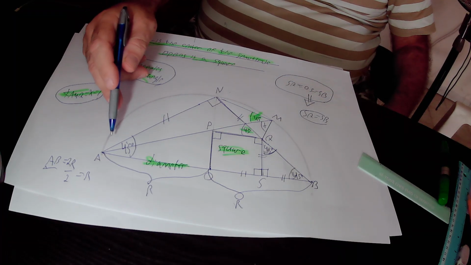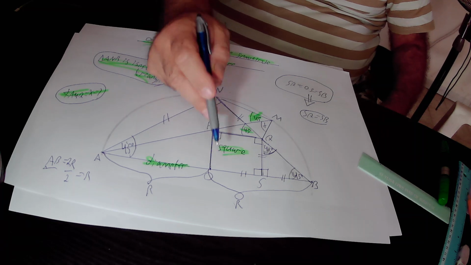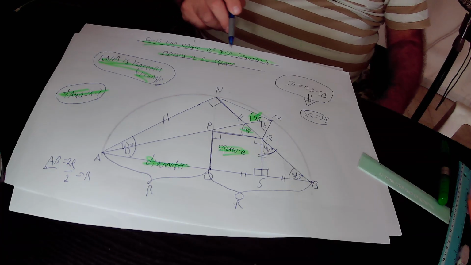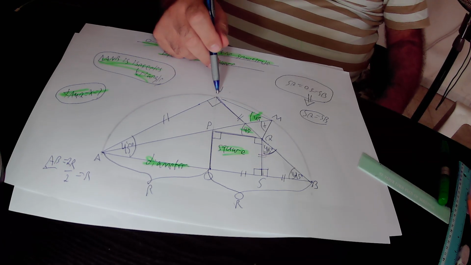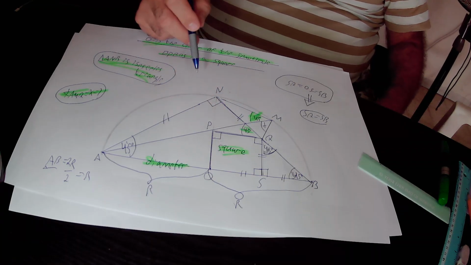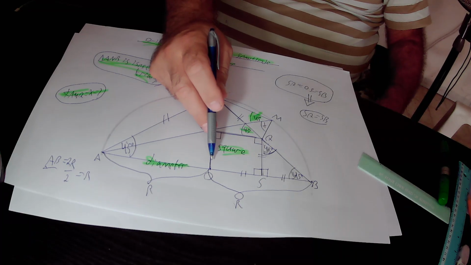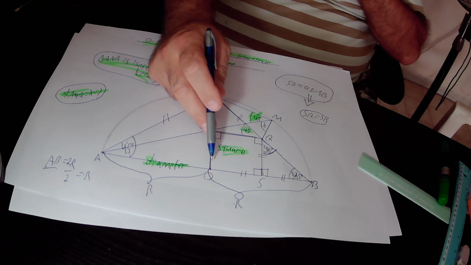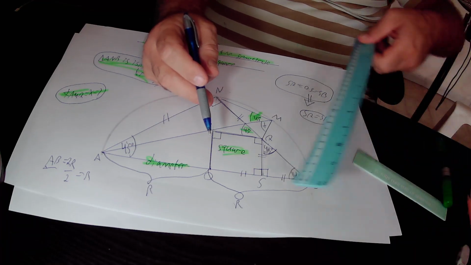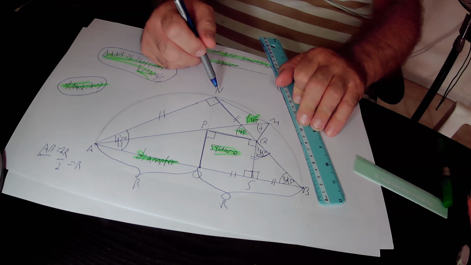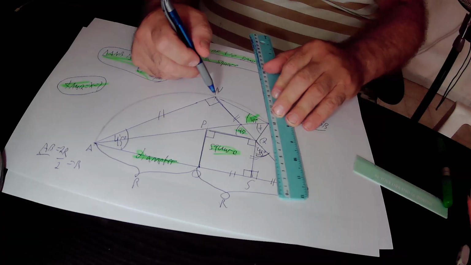Therefore, the midpoint of the diameter AB must be at point O, the center of the semicircle. So the perpendicular from point N will touch the diameter AB at point O.